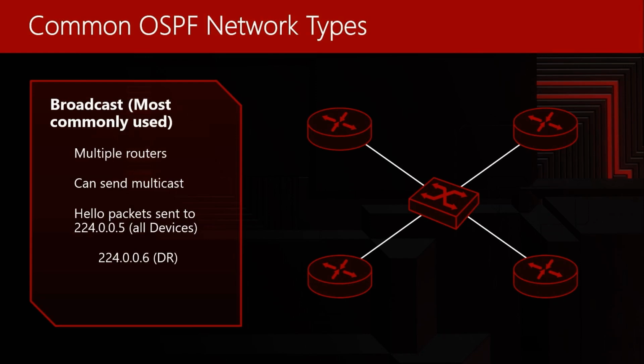Broadcast is going to use multicast, sending communications to the multicast address 224.0.0.5 for all routers to communicate their information, and 224.0.0.6 for a designated router. We're going to talk a little bit about what a designated router is on a broadcast OSPF network.